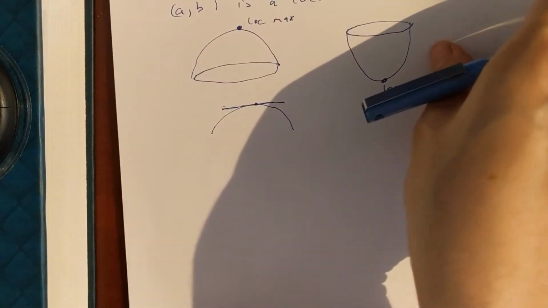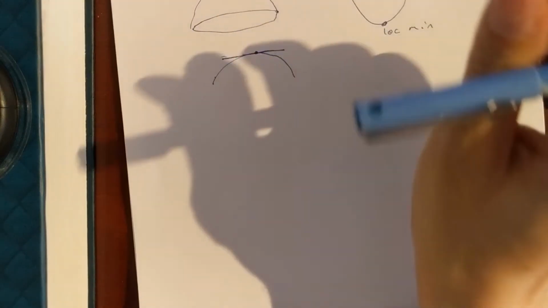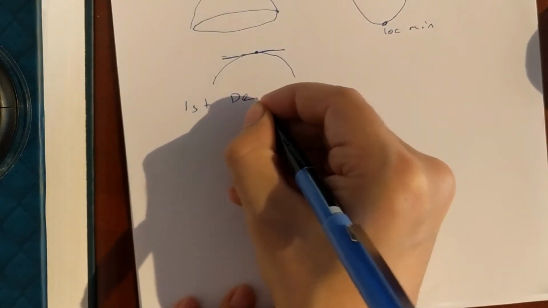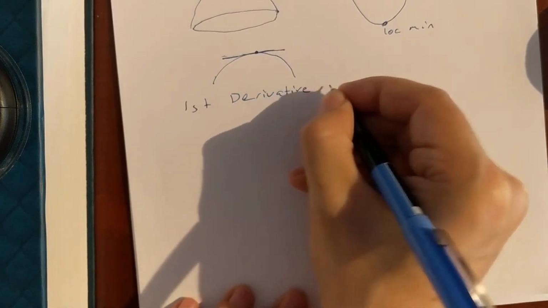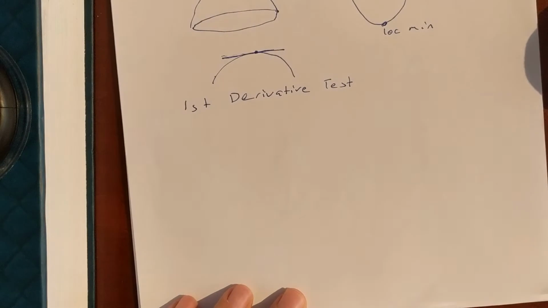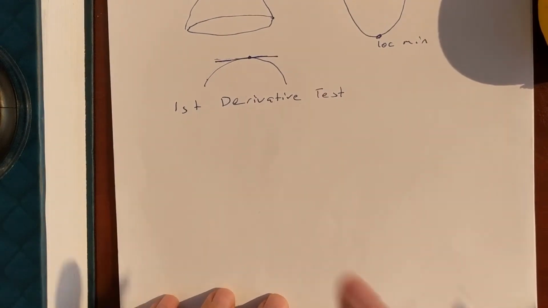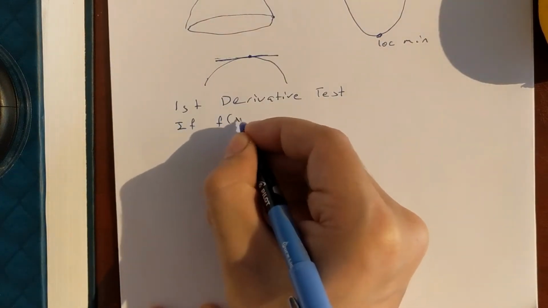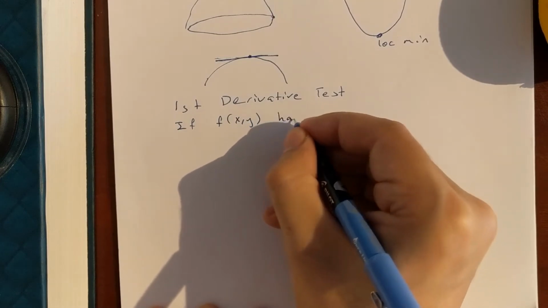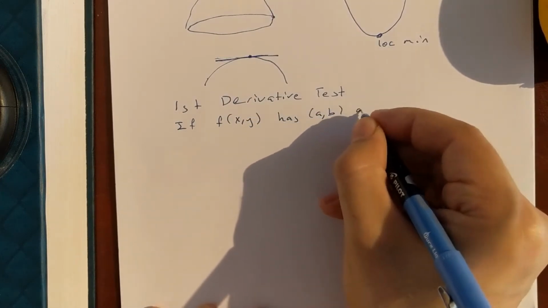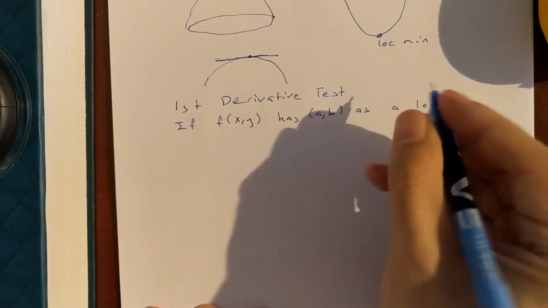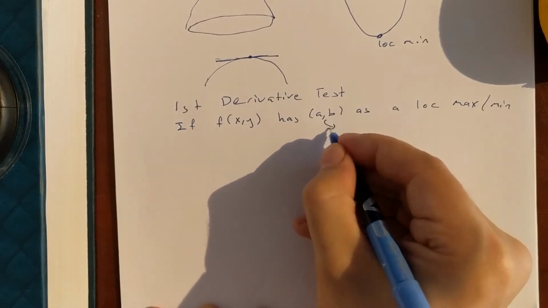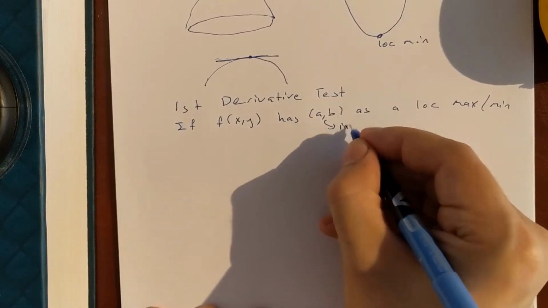We can write down the first derivative test. We need to have the derivatives be zero. First derivative test. This is exactly the same as in single variable calculus, but we're going to look at two variables now. If f of xy has AB as a local max or min, and here, of course, remember, when we're talking about local, AB has got to be an interior point of the domain.